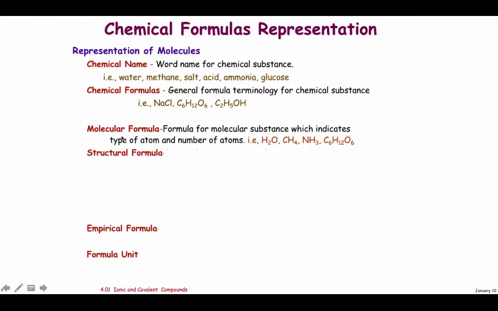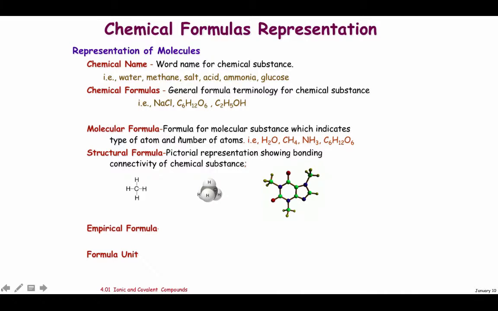It's a molecular formula. Now, we can also take that molecular formula and give you a pictorial view of how the atoms are arranged in space. Take, for example, methane, CH4, which we see right here. But if we draw it out, we see that the carbon is attached to 4 hydrogens.